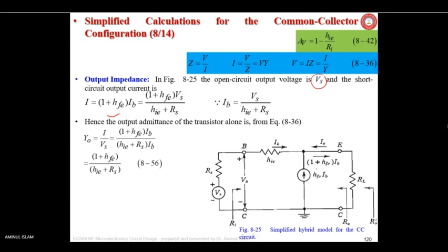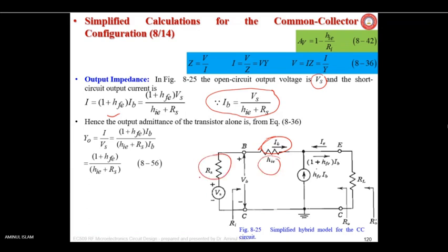Are you getting it? See, IB equals VS divided by (IE plus RH). Do you agree? IB, this current, equals VS divided by this resistance plus this resistance.